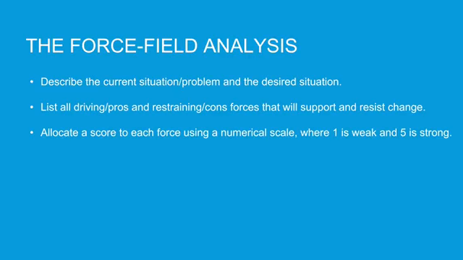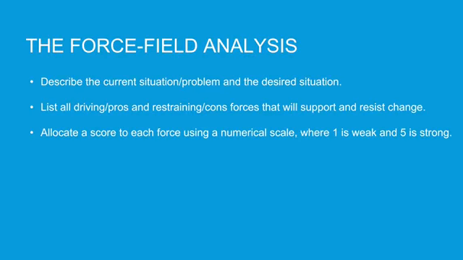Usually it will be on a scale of 1 to 5, where 1 is a weak force, so it doesn't have a big effect on whether it is implemented or not, and 5 is a strong force, so that particular advantage or disadvantage has a big impact on the decision going forward.